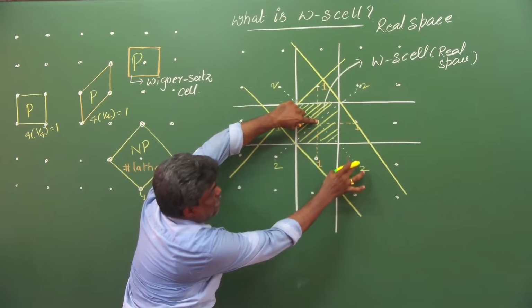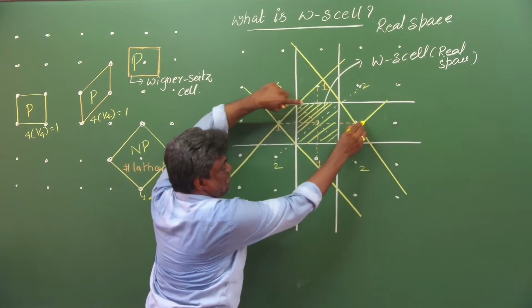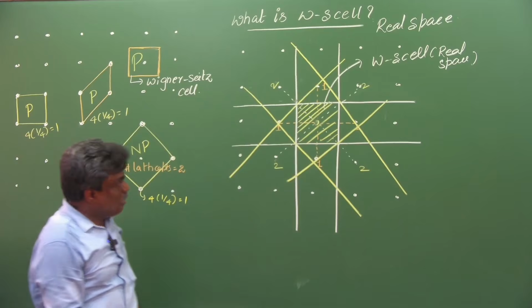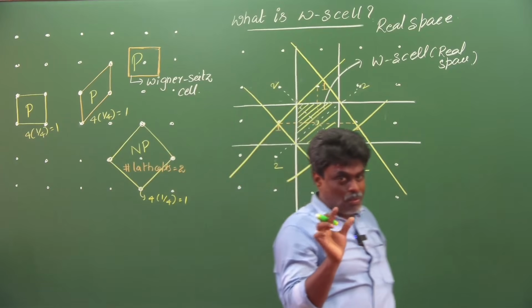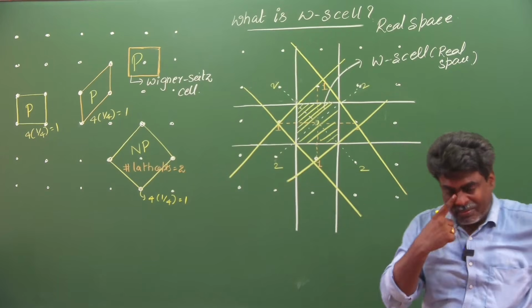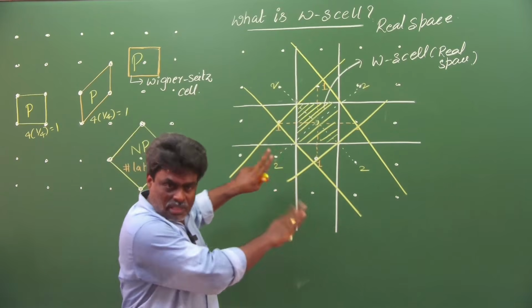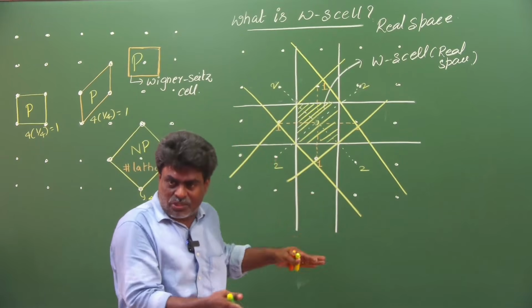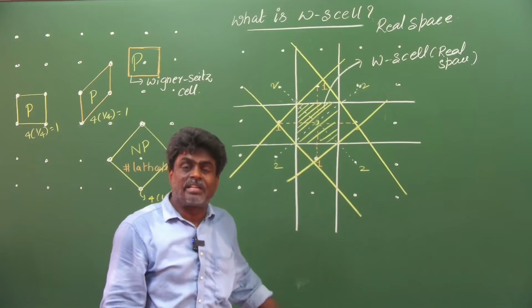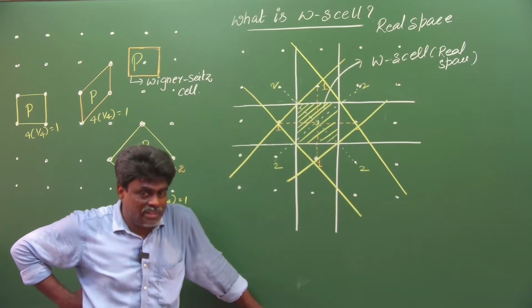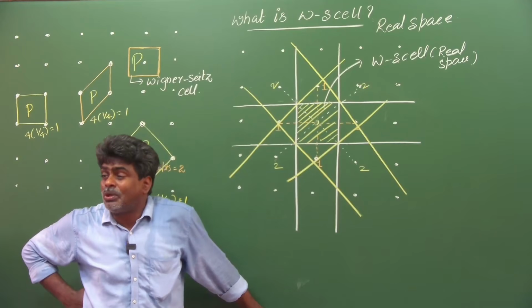Line and perpendicular bisectors. Okay. So now, could you please tell me what is the white line? Now this is the reciprocal lattice. What is that white color line? First boundary, first Brillouin zone.